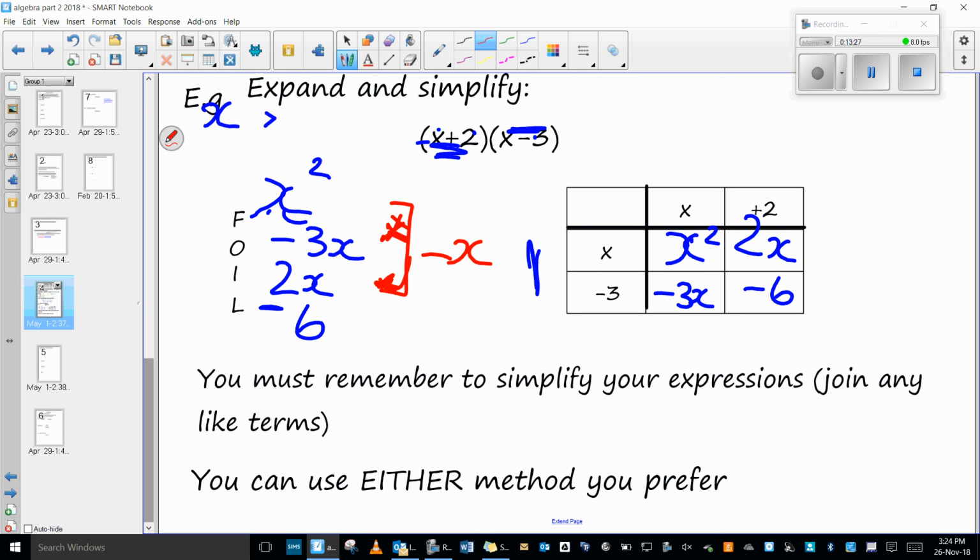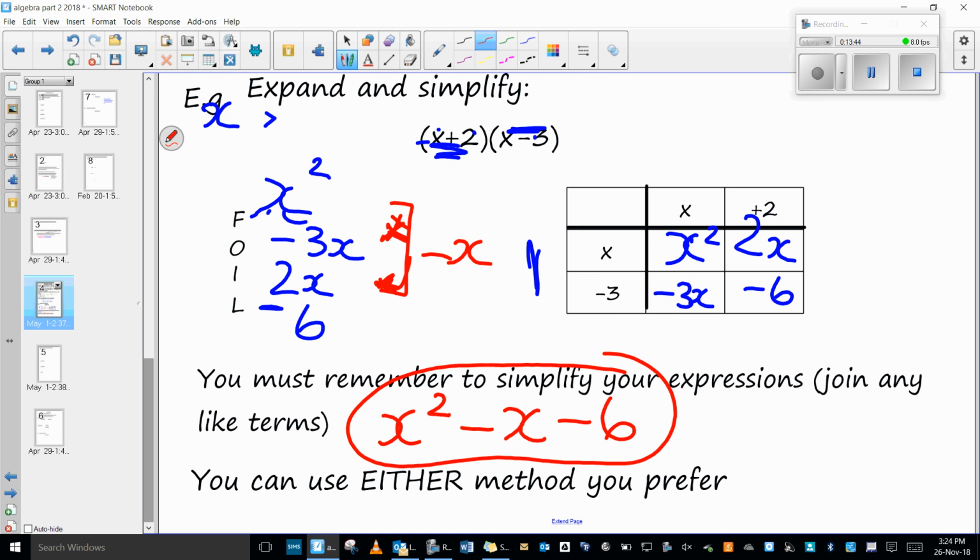Starting at negative 3, adding on 2, we end up at negative 1. So our final answer would be x squared minus x minus 6. That's our final answer.